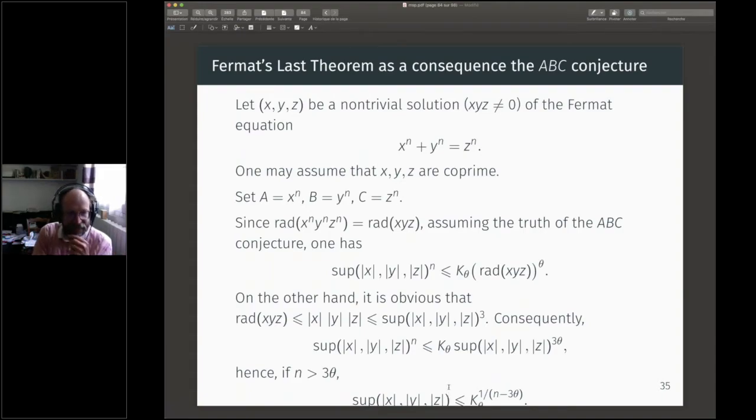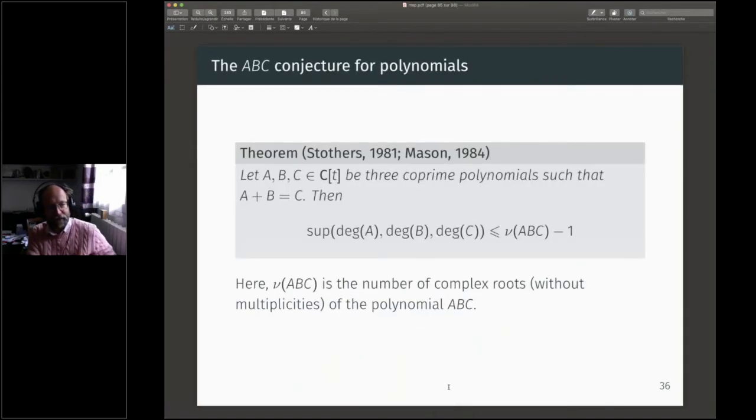And I can check that this will not give me solutions. Okay. So that's one reason why it's important to solve the ABC conjecture.